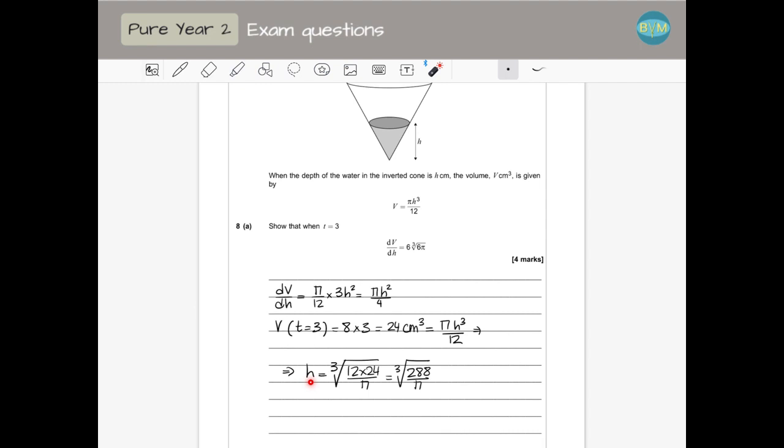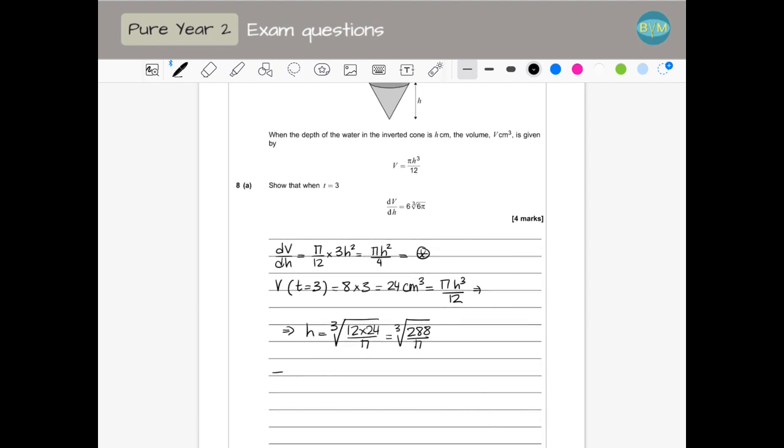So now that I know h when t is 3, I can substitute in, because the change of volume is in terms of h. So I go back here and substitute h.